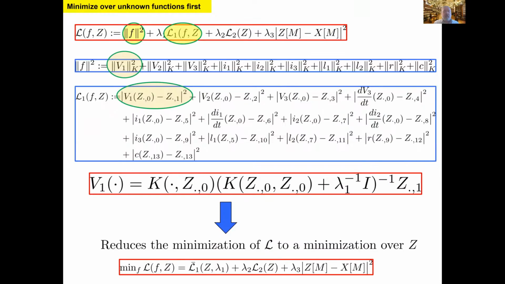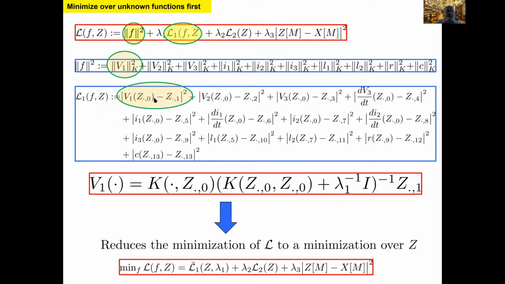Now, to minimize the overall loss function, we minimize over our unknown functions first. And since the problem is quadratic in these unknown functions, we have formulas representing those minimizers as functions of the unknown variables. So for instance, for the unknown function v1, this function appears in these two terms.